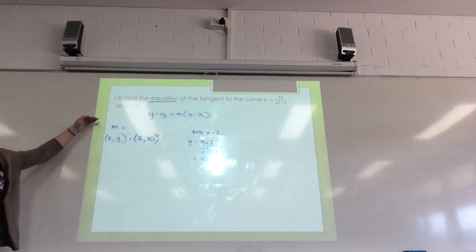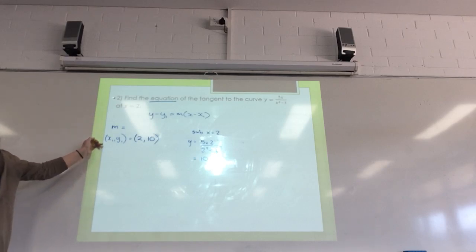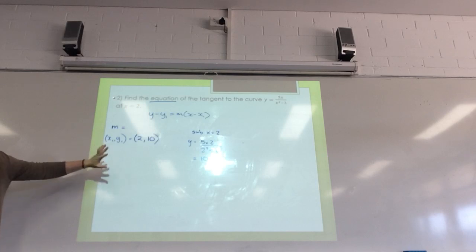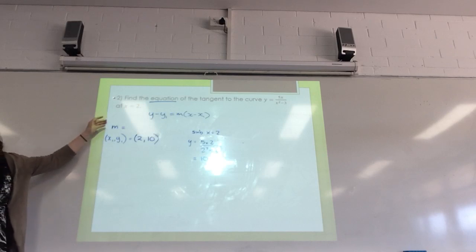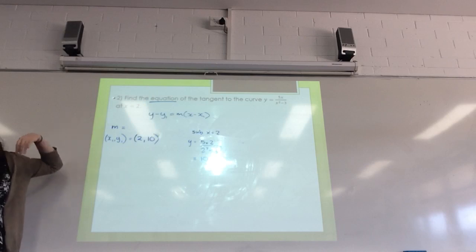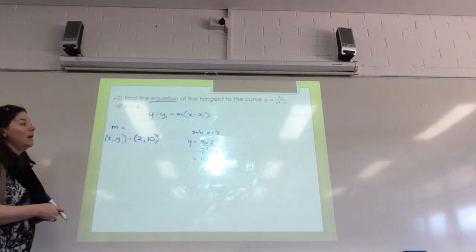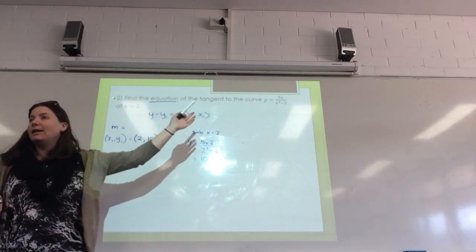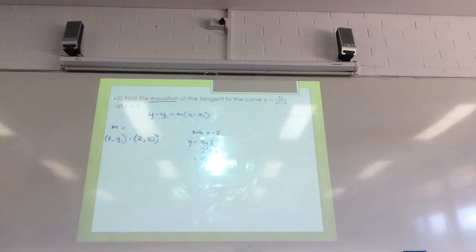But because we set ourselves up at the beginning of the question, we now look and we see, hey, we still need the gradient, okay? And to find the gradient, we need to differentiate. But we've already identified that we're going to use the quotient rule, okay? So how do you start off when you're using the quotient rule?